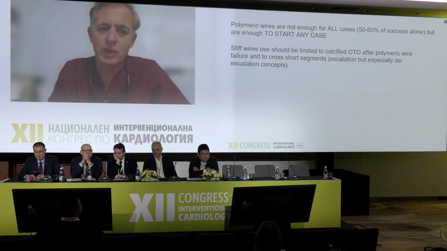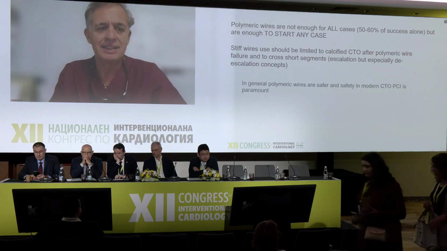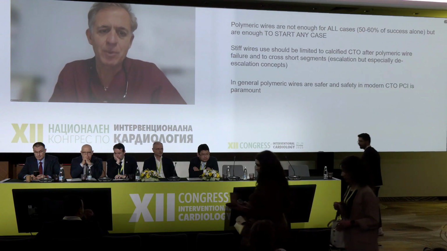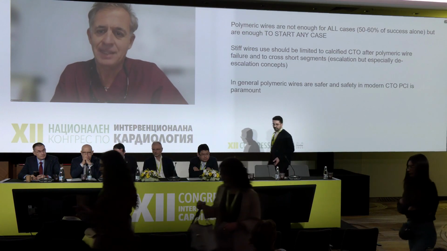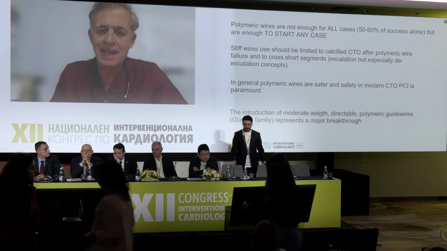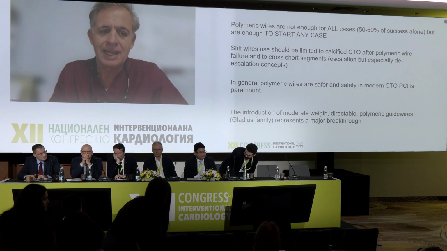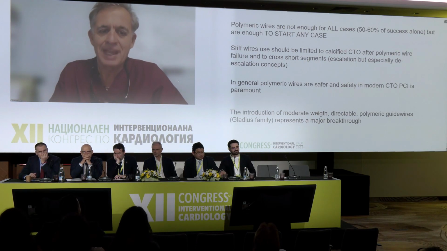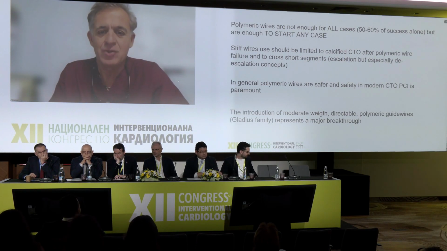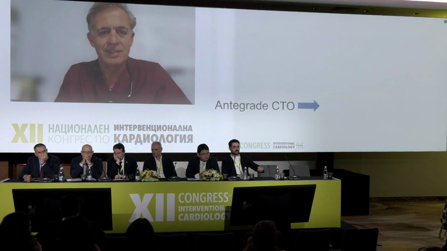In this situation, of course, we need stiff wires, but we need to think about escalation and especially de-escalation. In general, polymeric guide wires are safer, and safety is paramount. With the introduction of the Gladius family, they represent a major breakthrough in the modern approach to antegrade CTO PCI.